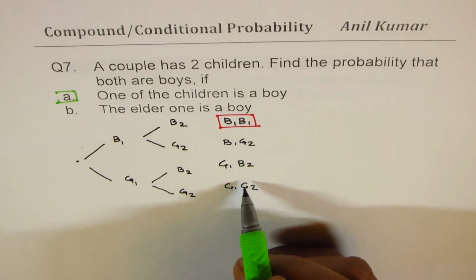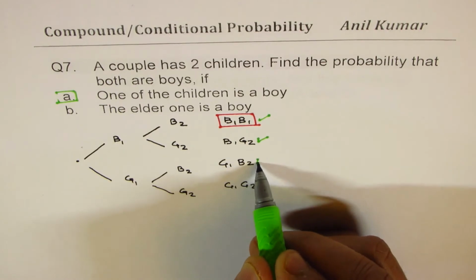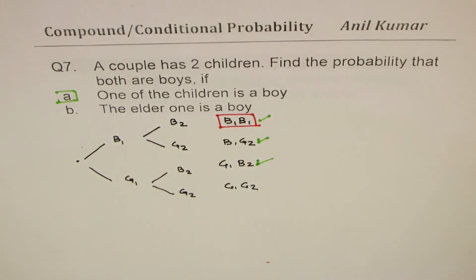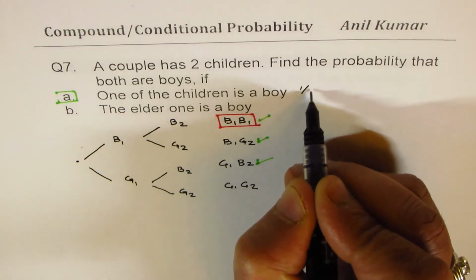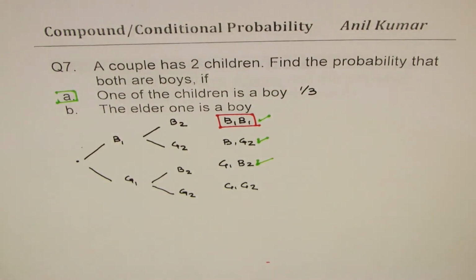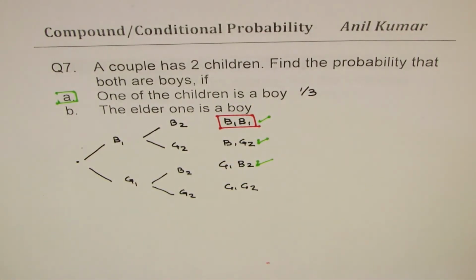What qualifies? One of them is a boy, that means this qualifies, that qualifies, and this qualifies. So clearly the answer is 1 out of 3. So we get 1 out of 3 when one of the children is a boy, correct?